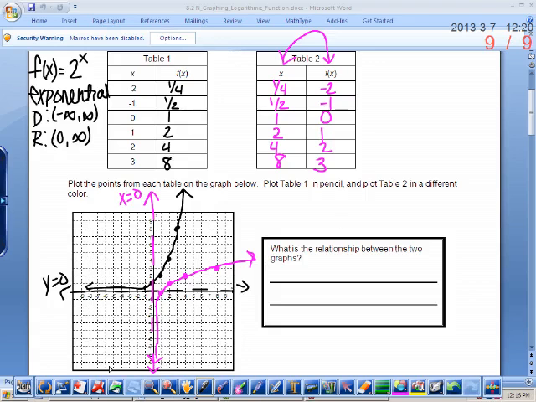Okay, so we already said that these two graphs are inverses. What is an inverse graphically? Good, a reflection over the line y equals x. So if you want to kind of just sketch in y equals x to see how this is reflected, okay, but this is a reflection over the line y equals x.